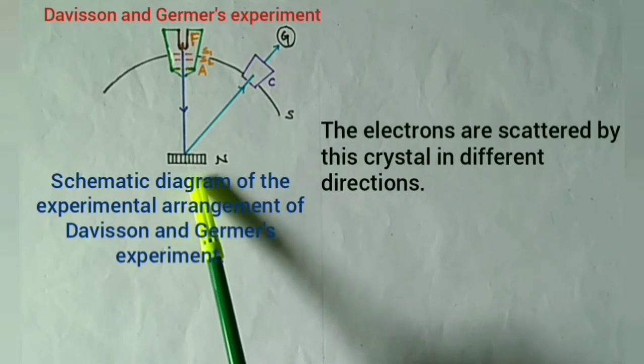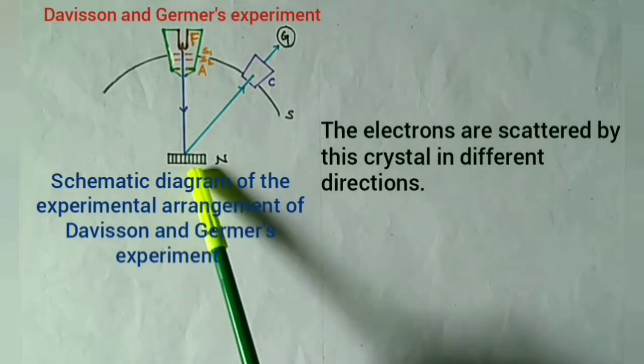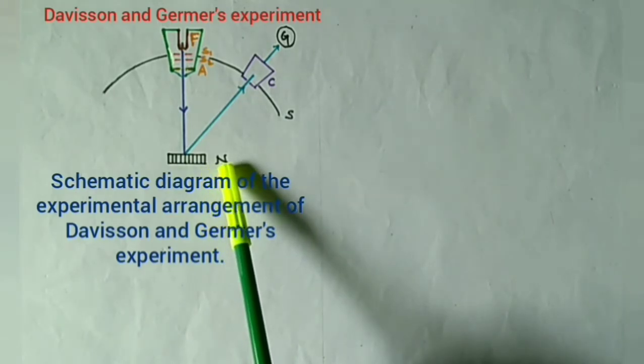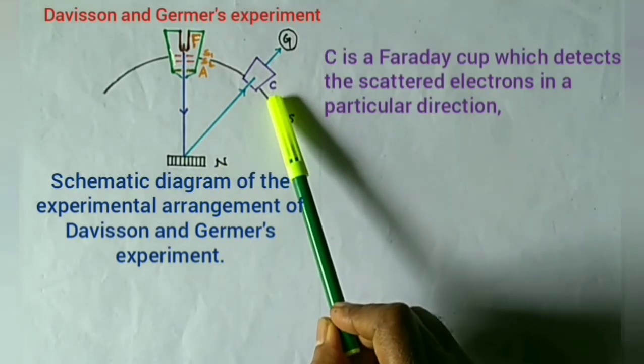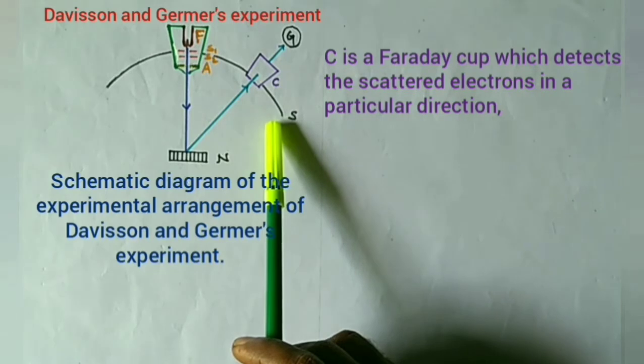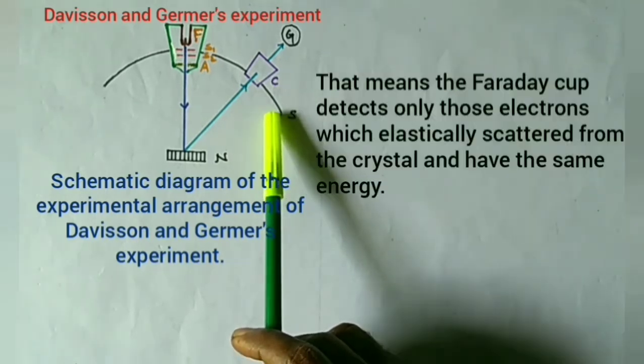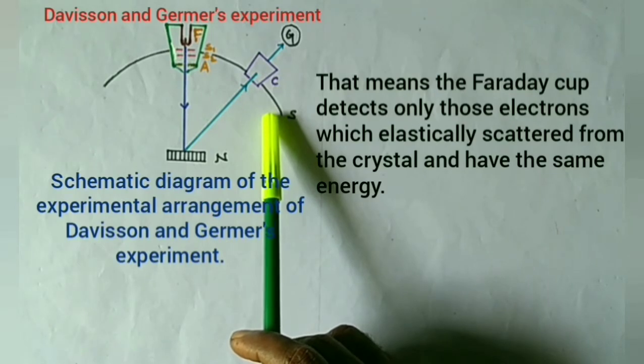The electrons are scattered by this crystal in different directions. C is a Faraday cup which detects the scattered electrons in a particular direction. That means the Faraday cup detects only those electrons which are elastically scattered from N and have the same energy.